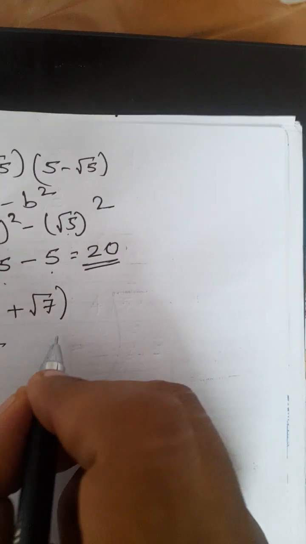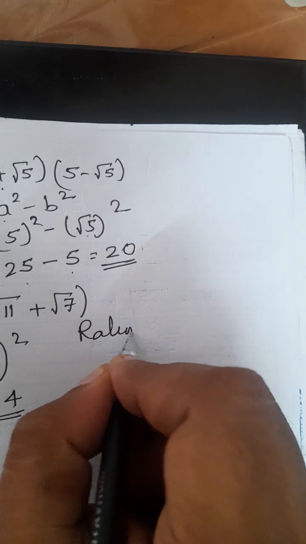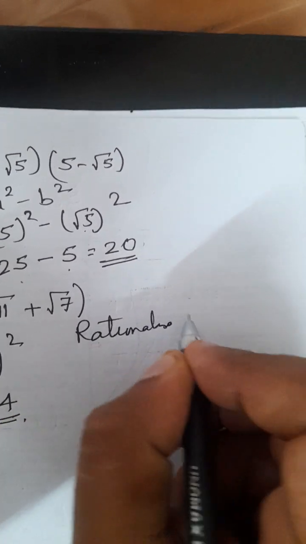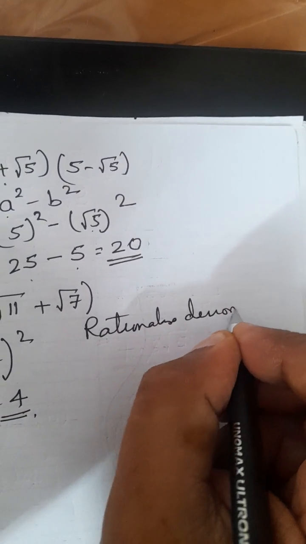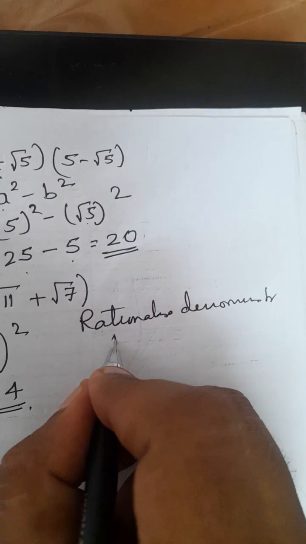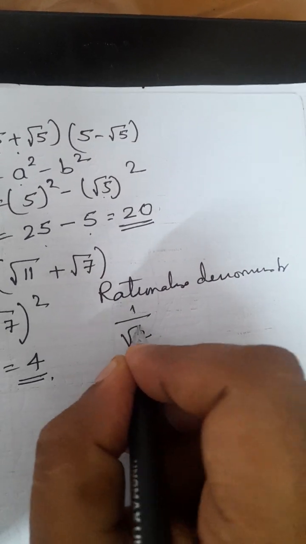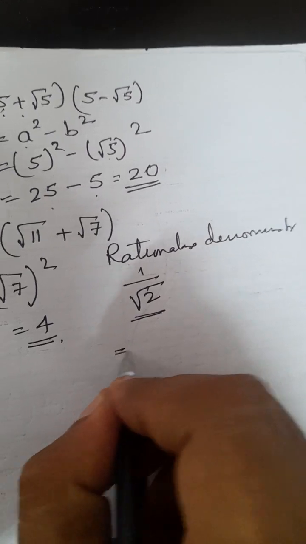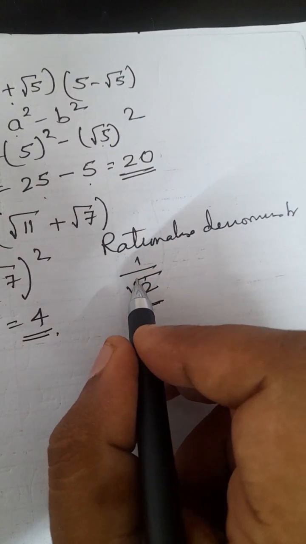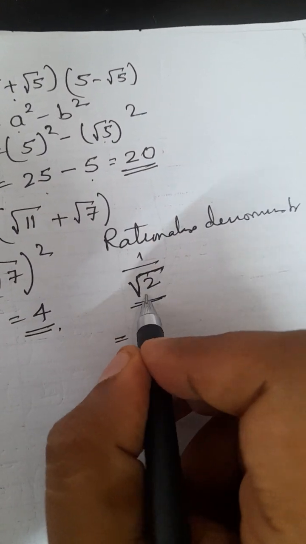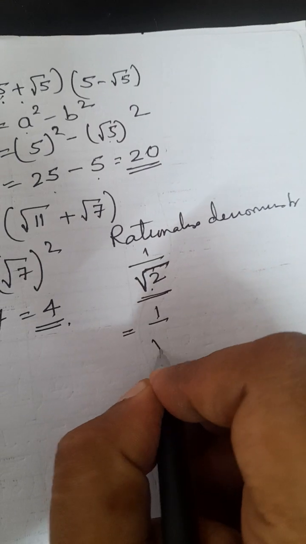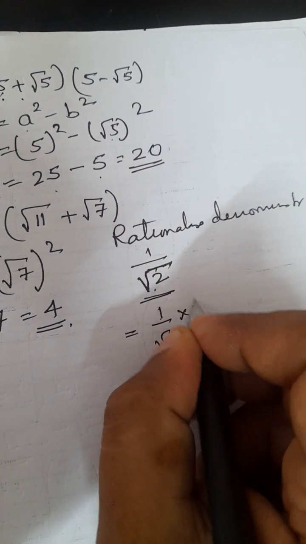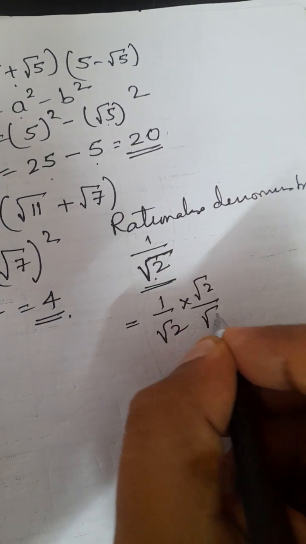The question is: rationalize the denominator, 1 by root 2, you have been given. Whatever is the irrational part, the numerator and the denominator should both be multiplied by this irrational number. So 1 by root 2 into root 2 by root 2.